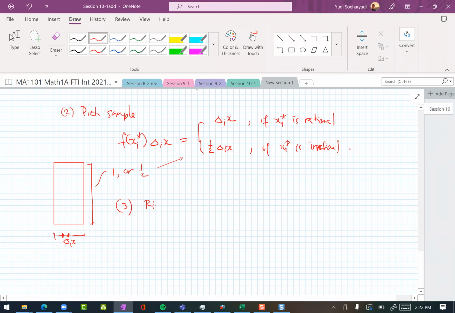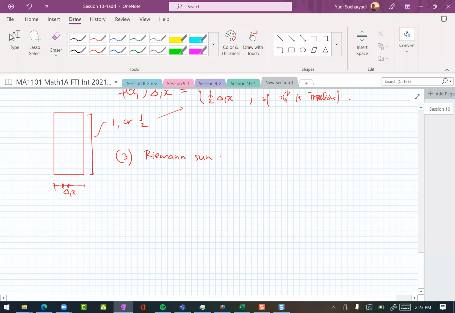So the Riemann sum, first case, all the representatives are rational. Okay. So the Riemann sum is just all 1.